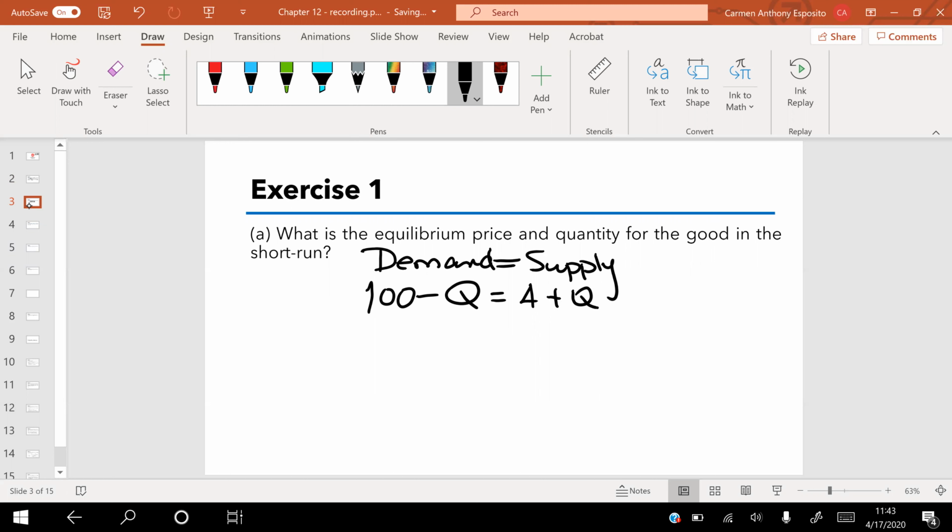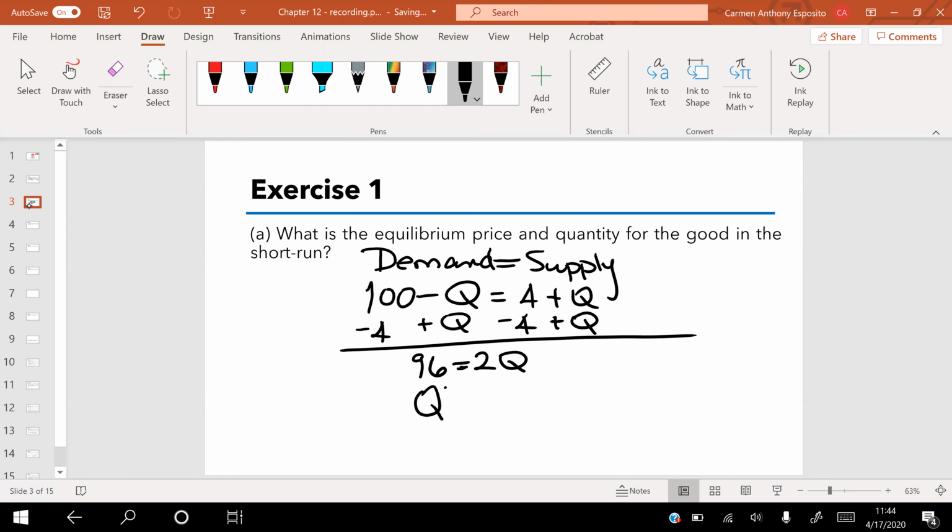Let's add Q to both sides. Subtract 4, and we get the following. We get 96 is equal to 2 capital Q. And so capital Q, I'll give it a star because it's equilibrium, is equal to 48 units.